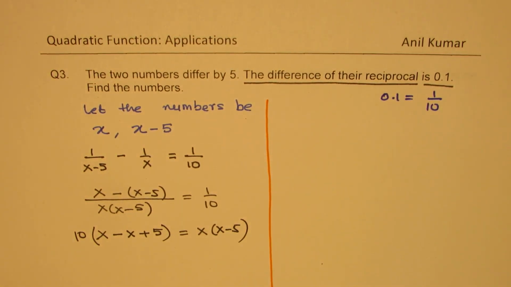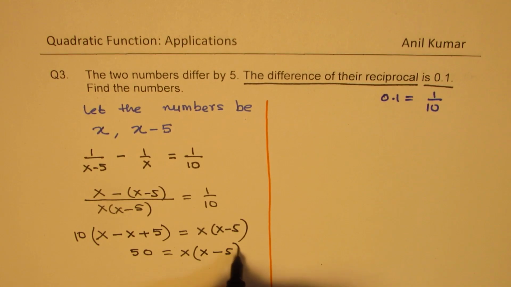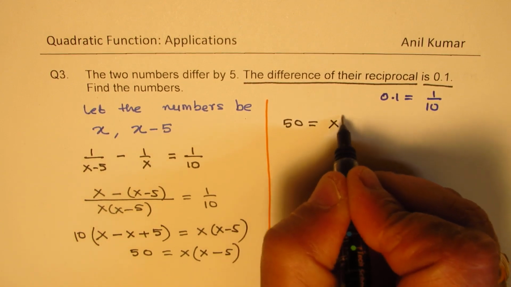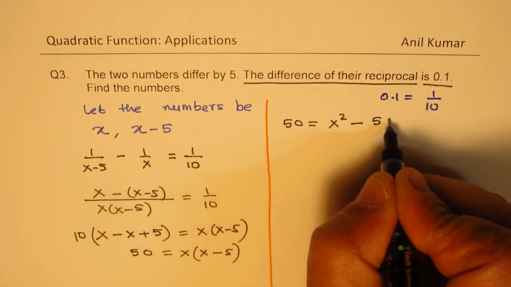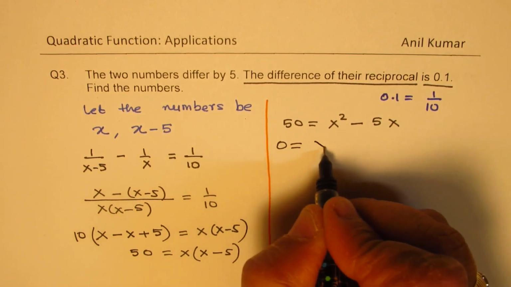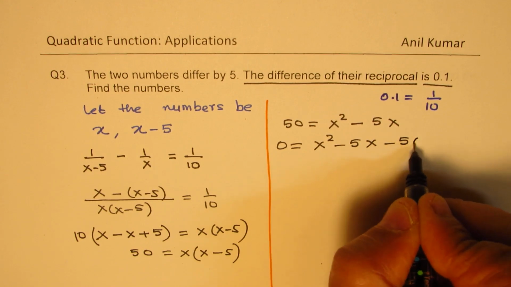Now once we have done this cross multiplication, we see here x minus x is 0. So when you multiply, you really get 50 equals x times x minus 5. Correct? We'll open this and solve. So we get 50 equals x squared minus 5x. Bringing the 50 to the right side, we get 0 equals x squared minus 5x minus 50.